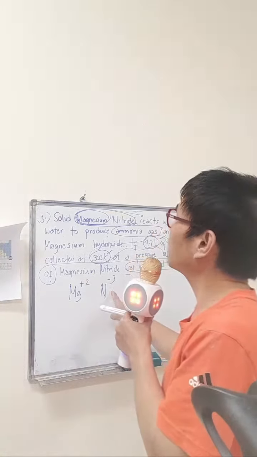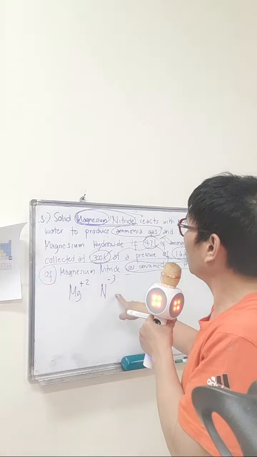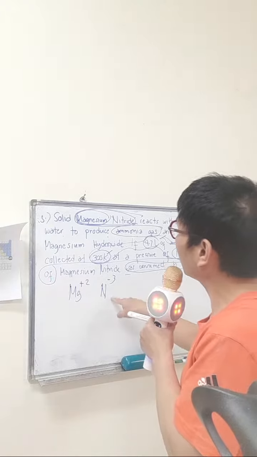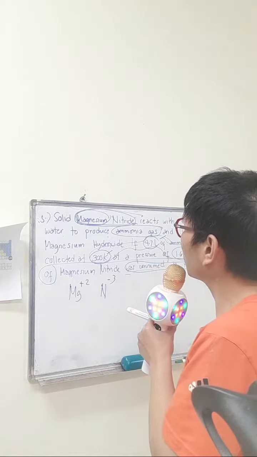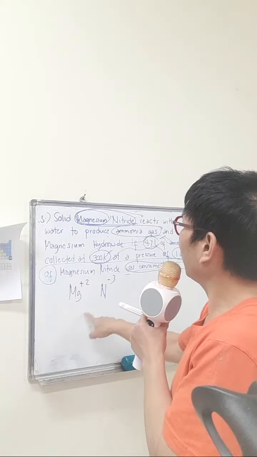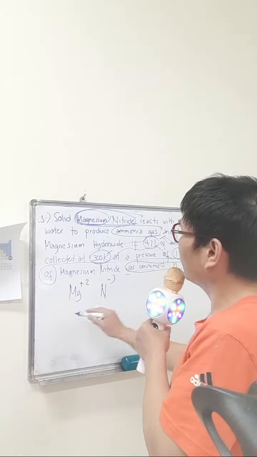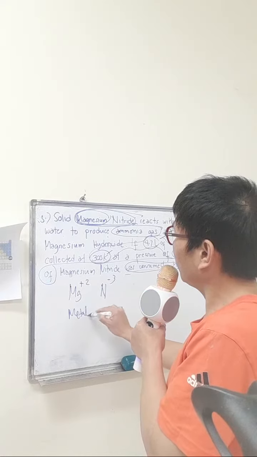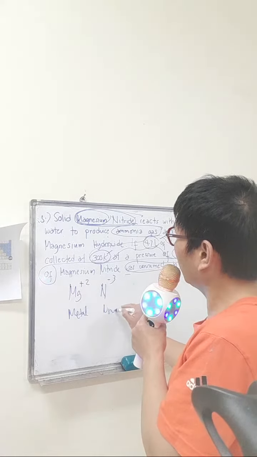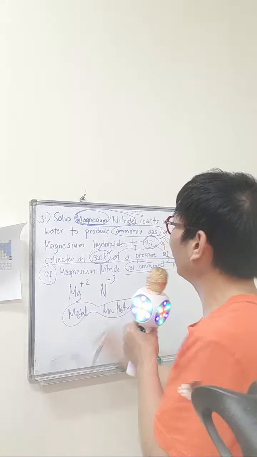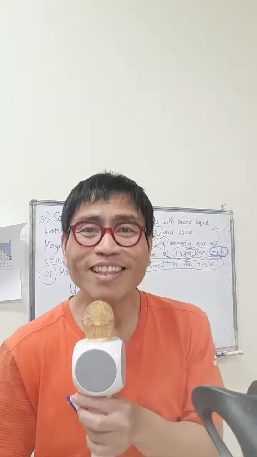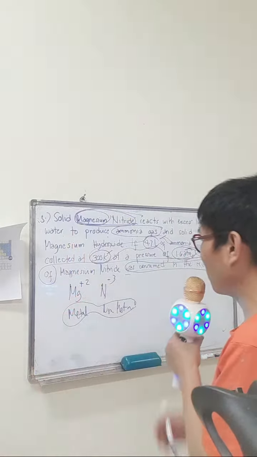Because N is nitrogen, and the halide is going to be nitride, and Mg is a metal. So metal and non-metal. Sorry, it's not a molecular compound, it is an ionic compound, sorry.